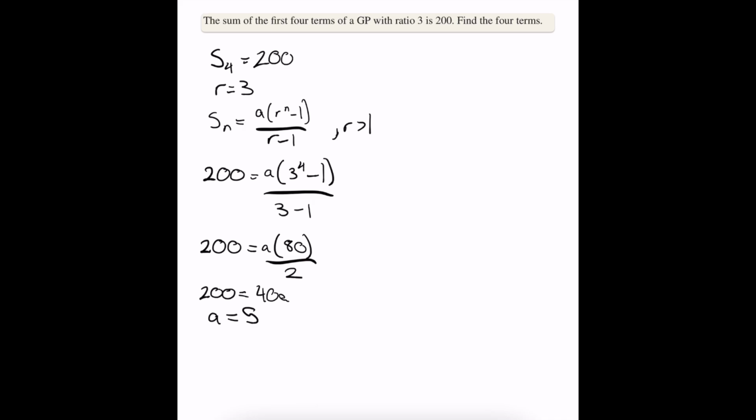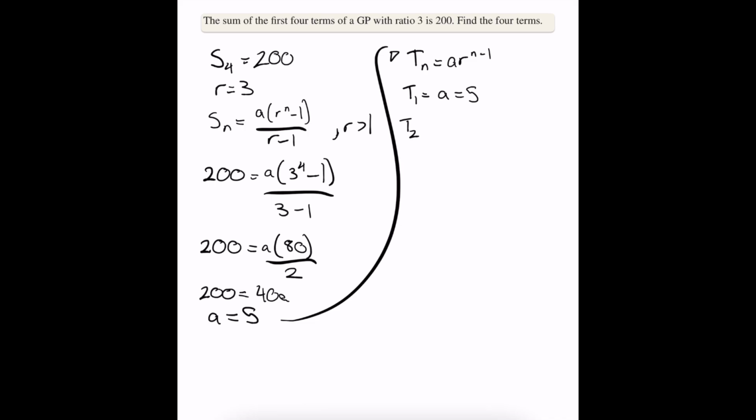Now they ask us to find the first 4 terms. So we should know that Tn is equal to a r to the n minus 1. And now when we plug this in, T1 is equal to, well, a, which we know is 5. T2 is equal to a r to the power of 1, which is 5 times the ratio 3, which is 15.